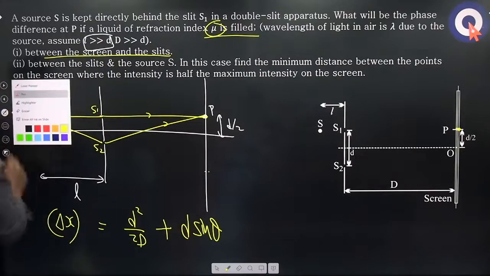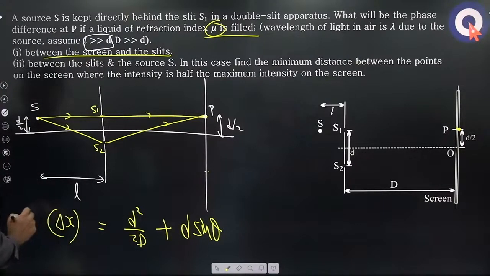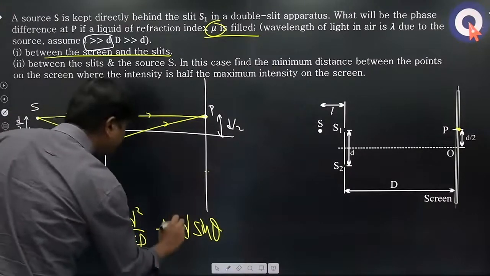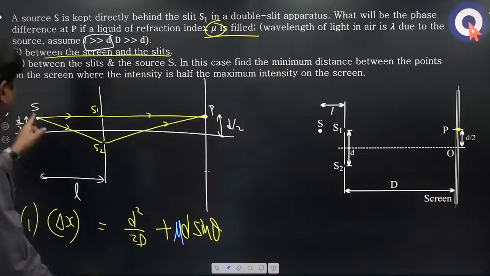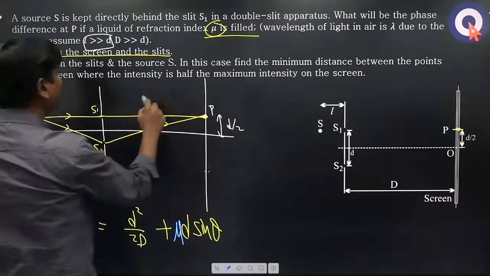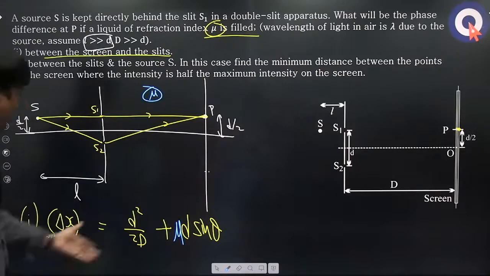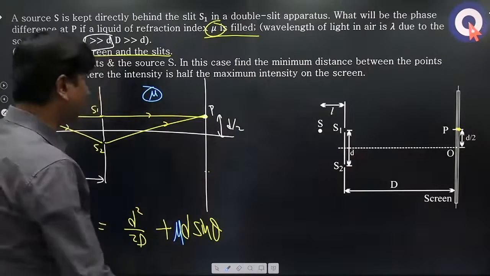So here now you will be getting nicely the first case. You just add nu. This will become the total path difference between SS2P and SS1P, because this is a medium of nu. Now they are asking for the phase difference, and once you get the path difference, you know how to find the phase difference. Rest is very simple.